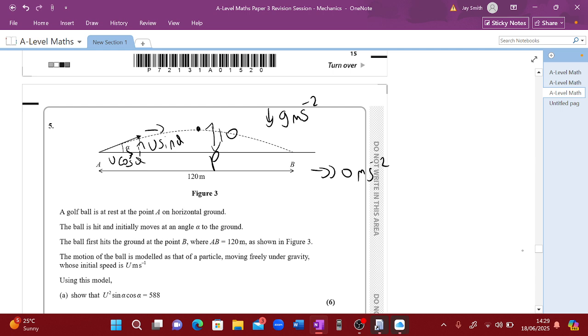It's transitioning from moving up to moving back down. At that point, which is the maximum height, it starts to go from positive to negative. So at this point the velocity, the speed, is 0.